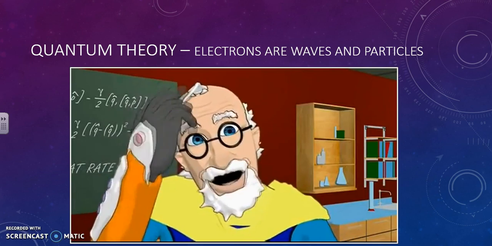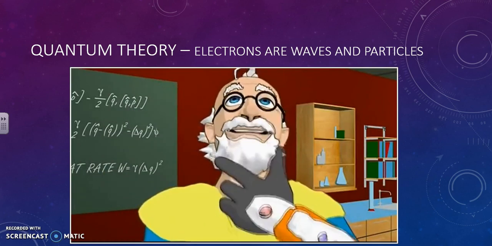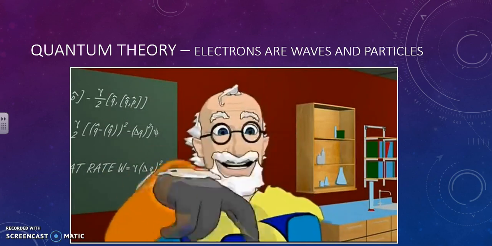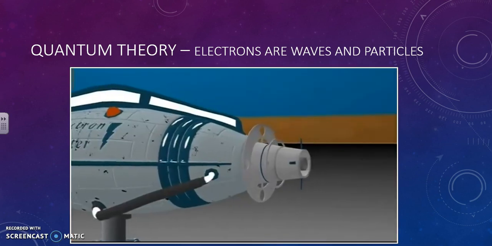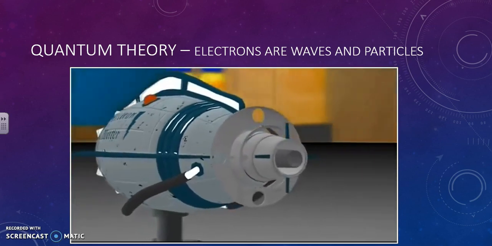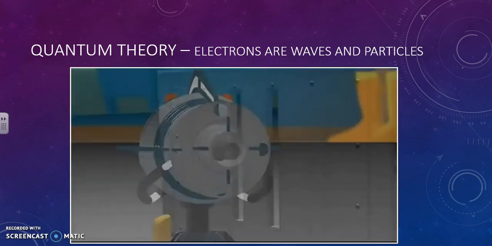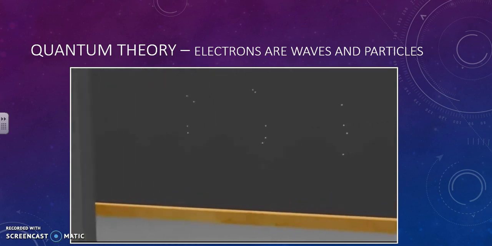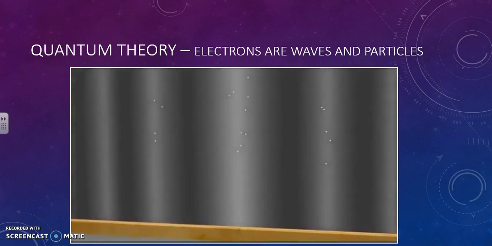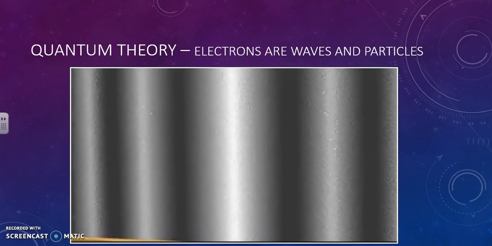But physicists are clever. They thought, maybe those little balls are bouncing off each other and creating that pattern. So, they decide to shoot electrons through one at a time. There is no way they can interfere with each other. But after an hour of this, the same interference pattern is seen to emerge.